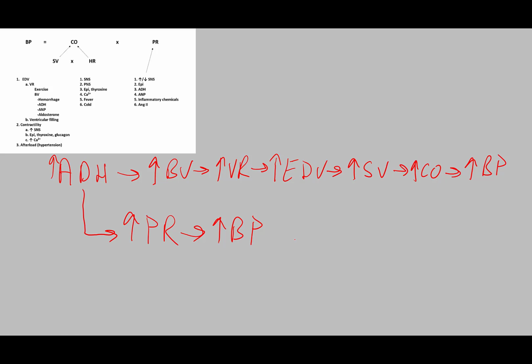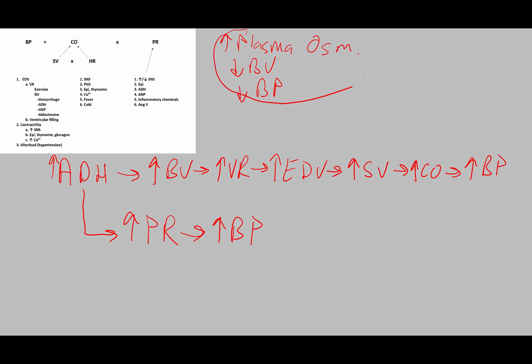Why would we care if ADH increases blood pressure? Why would we want ADH to increase blood pressure? Well, think about what the stimulus for ADH is. The stimulus for ADH, let's write them across the top. One of them is increased plasma osmolarity. One of them is a decrease in blood volume. One of them is a decrease in blood pressure.